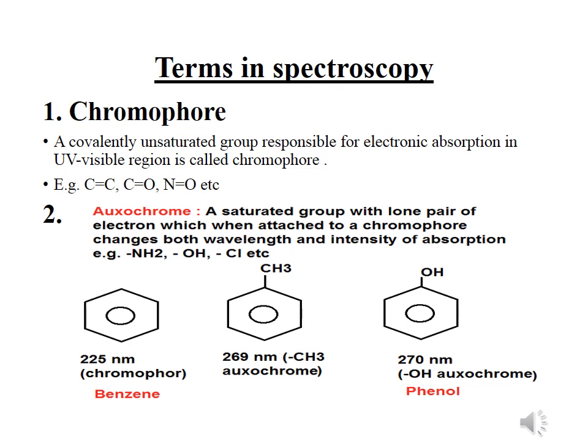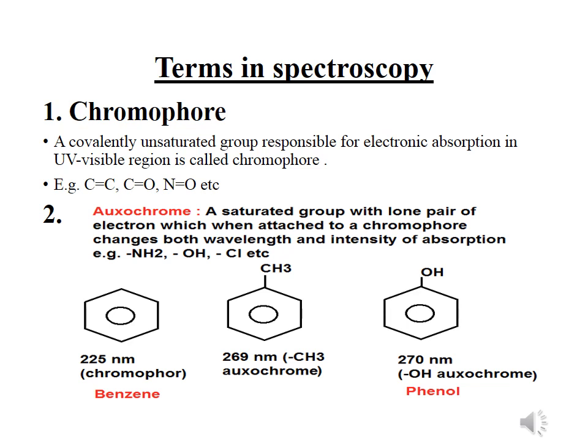As you can see in the given example, benzene is a chromophore as it contains the double bond. If on the benzene ring there is a methyl group, it is also an oxochrome. Now you can compare the wavelength. In case of benzene, the wavelength is 225 nanometer, and in case of toluene, the wavelength of absorption is 260.